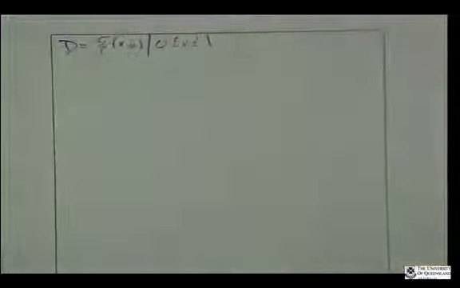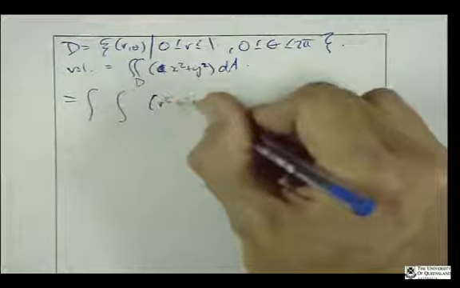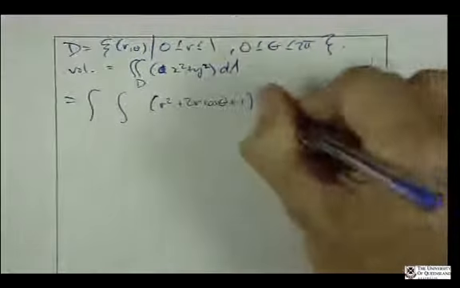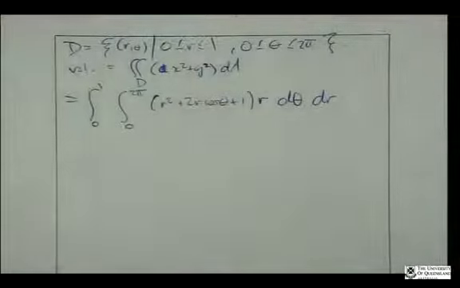So all points with polar coordinates r and theta, with r between 0 and 1, theta between 0 and 2 pi. The volume in question is just the double integral of x squared plus y squared, which we can expand as an iterated integral using Fubini's theorem, but in terms of polar variables. So now that's going to be r squared plus 2r cos theta plus 1, same Jacobian, and theta is evaluated from 0 to 2 pi, and r is evaluated from 0 to 1.